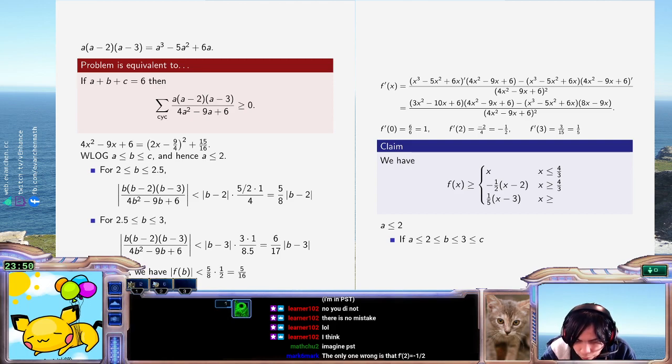And then this is probably true for x. This will be true for all x at least 2, really, to be honest.